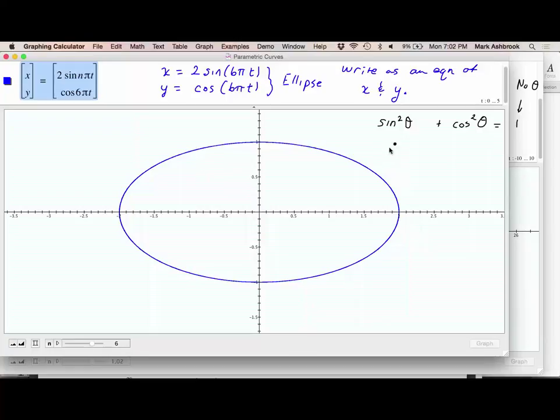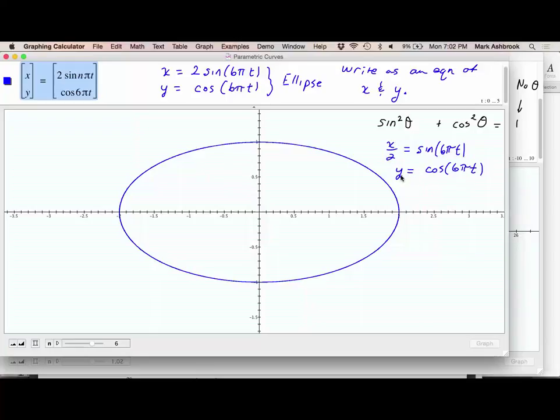So if x over 2 equals sine of something, in this case 6 pi t, and then y equals cosine of 6 pi t, now if I squared sine and squared cosine and added them together, it would equal what? 1. Well, what is sine squared? x over 2 squared.